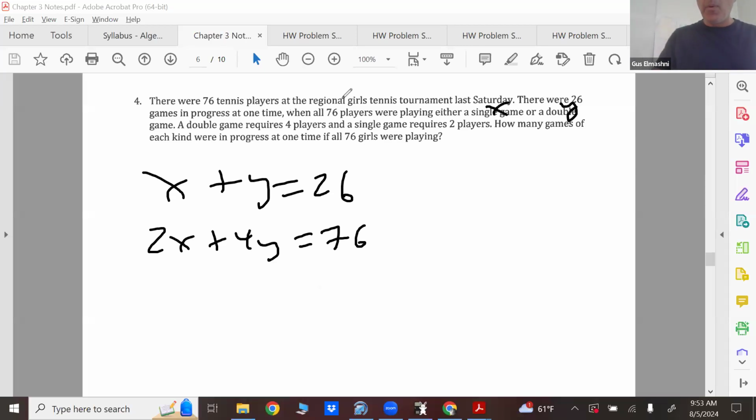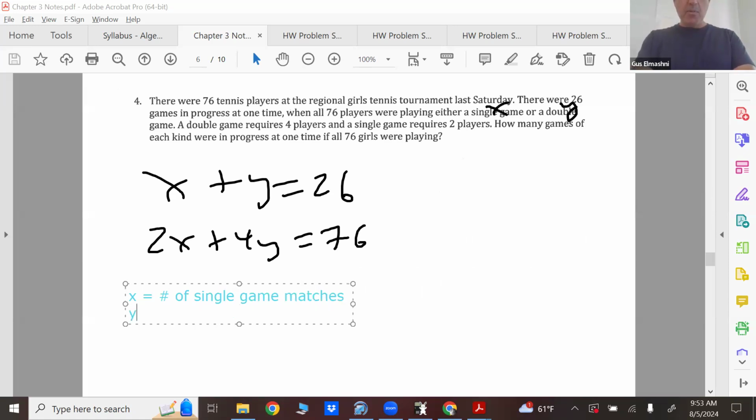So it's one way you could think of it. If it helps, X equals the number of single game matches. Y equals the number of double game matches.